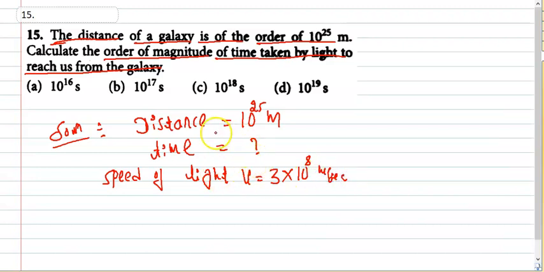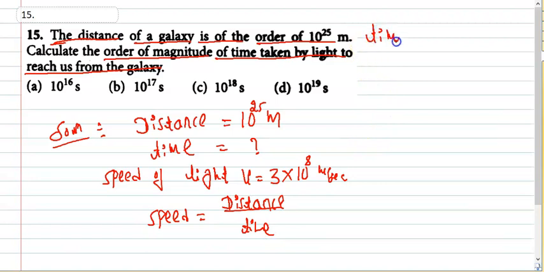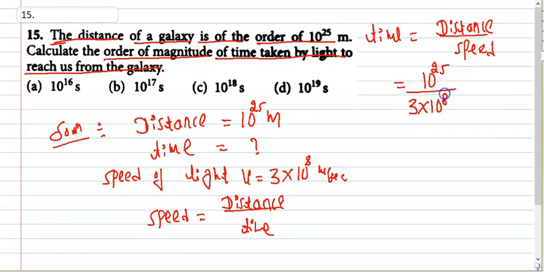Speed is distance divided by time, so time is equal to distance divided by speed. Distance is 10 to the power of 25 divided by speed, 3 into 10 to the power of 8.